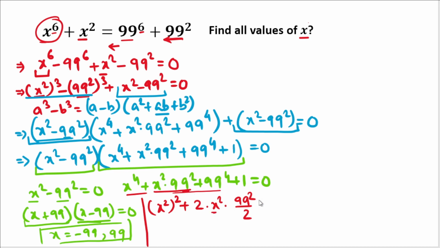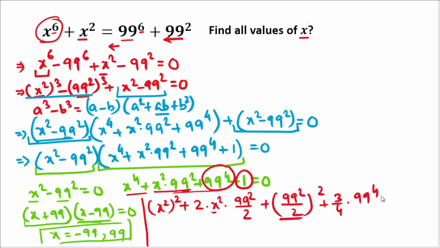Now plus we will write b square, means 99 square by 2 and its whole square. So 99 raised to the power 4 we have written as 99 square divided by 2 and its square, so we have another 3 by 4 times 99 raised to the power 4, and we have plus 1, that is equal to 0.